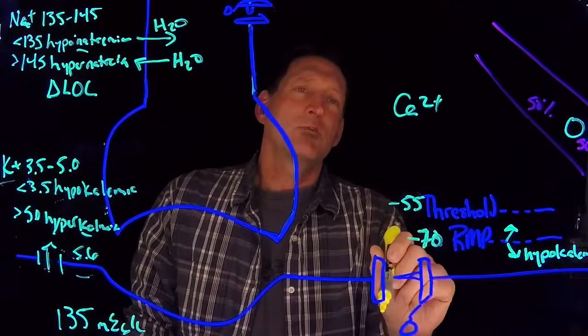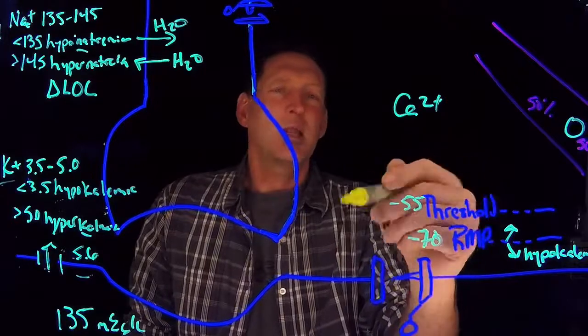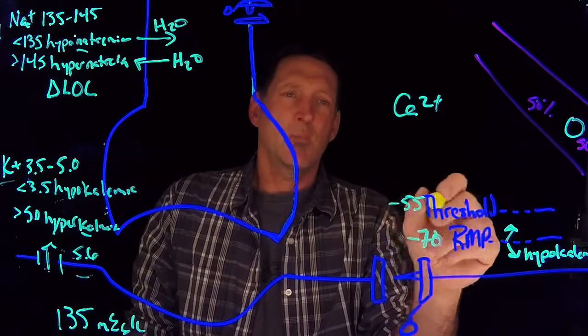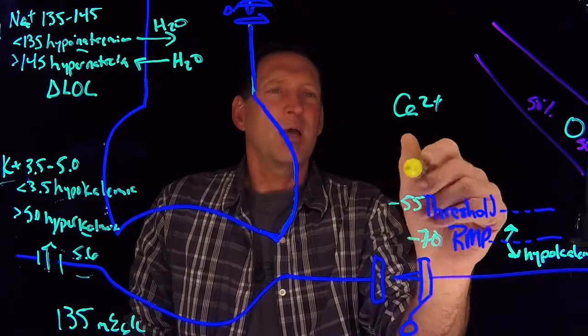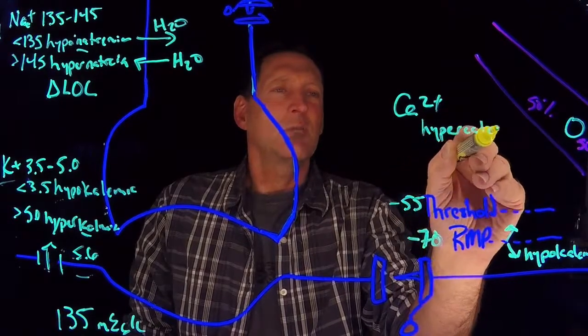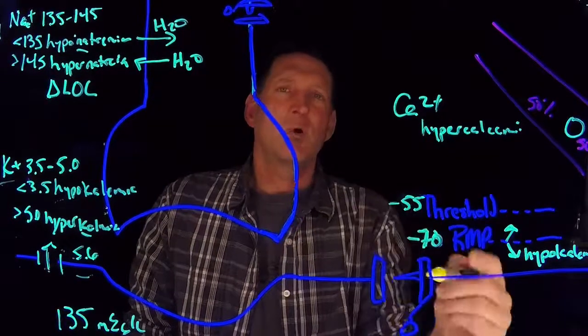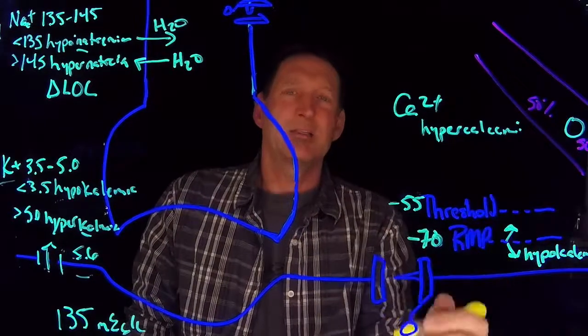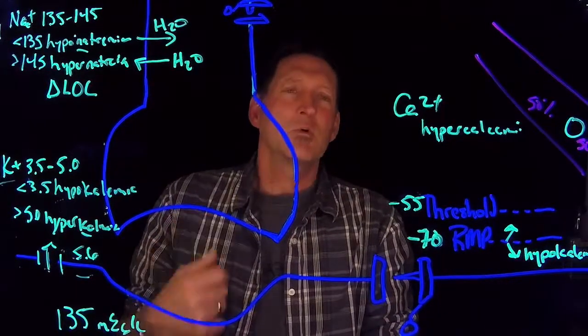Now, if I were to look at calcium, I can have hypocalcemia or hypercalcemia. If I have hypercalcemia, I've got too much ionized calcium, which is physiologically available to do work.